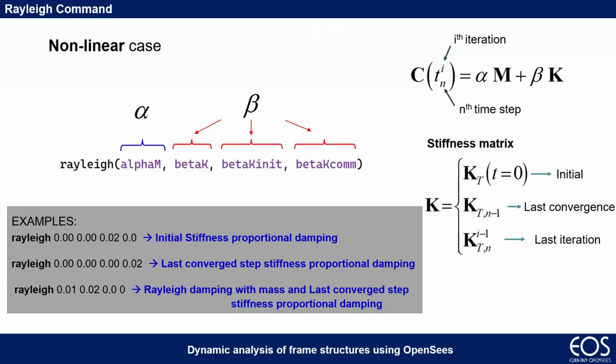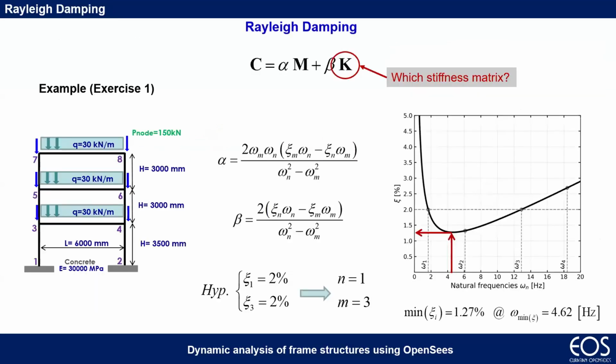How to decide which matrix you want? It's up to you. I mean, you can decide to use the damping, the stiffness that you think is proper for your model, okay? Depending on if you want to avoid this type of behavior, you can use the previous step stiffness, but you have to pay attention if you have strange behavior like high values of damping that you don't want during the analysis.